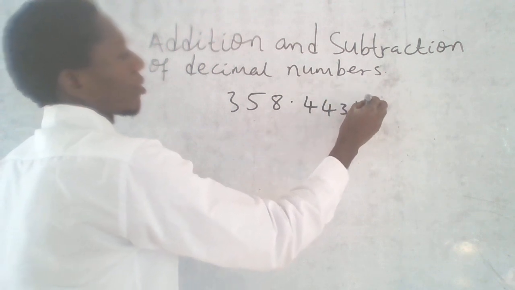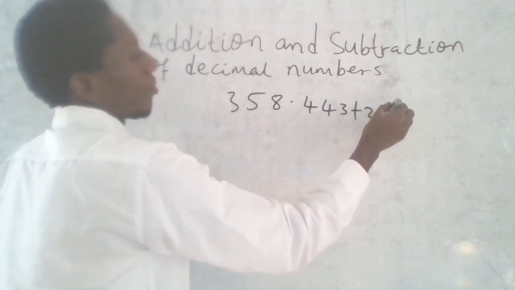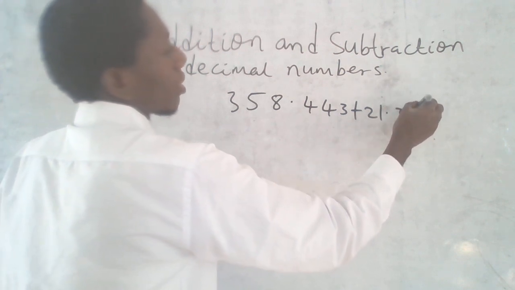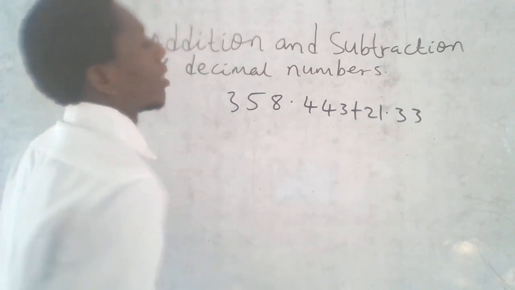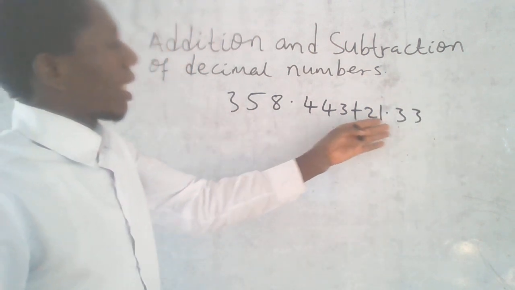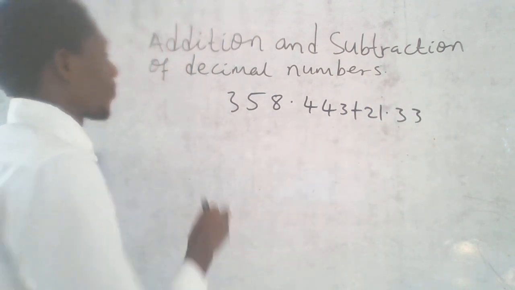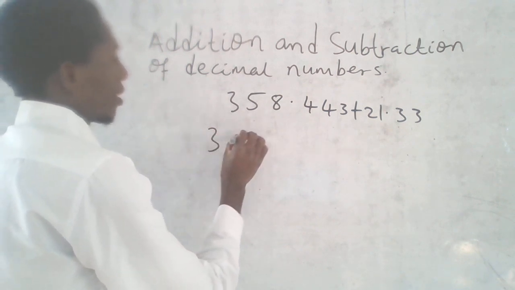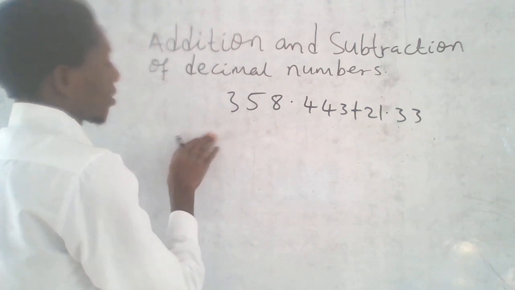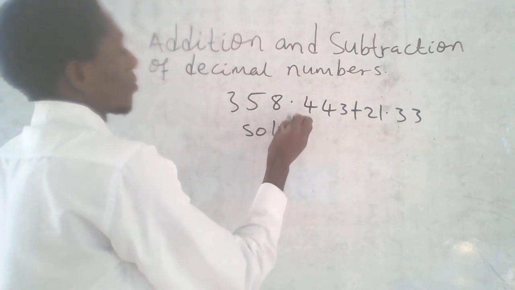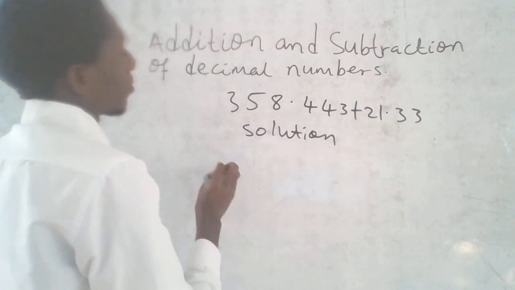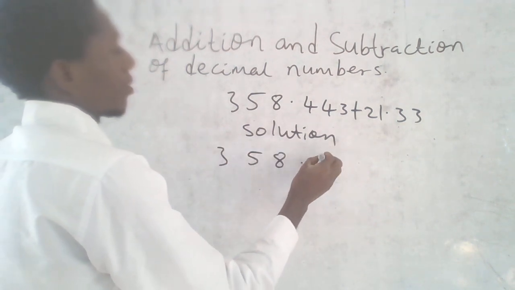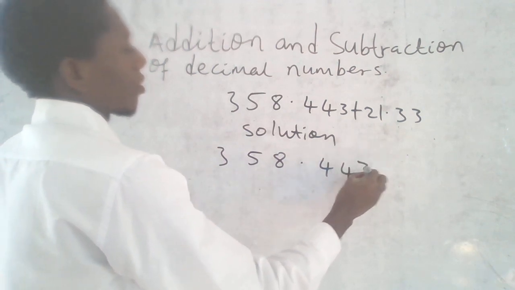So let's see, maybe you have 358.443 plus 21.33. Now you want to add these numbers. You will arrange these numbers. Okay, sorry, this is the solution. This is 358.443.